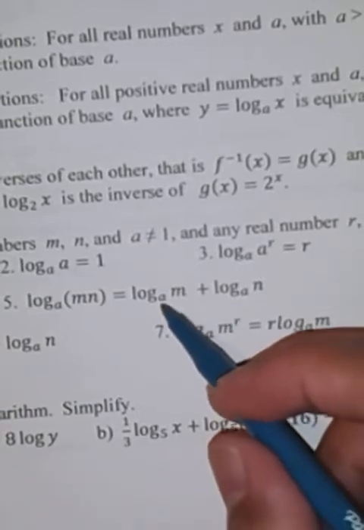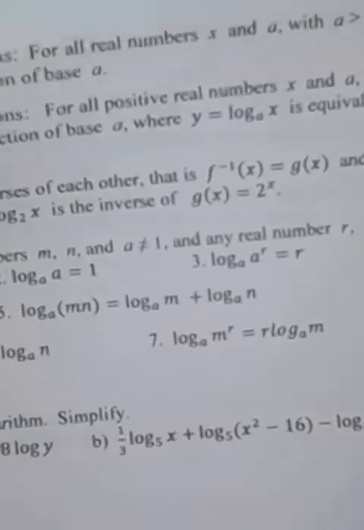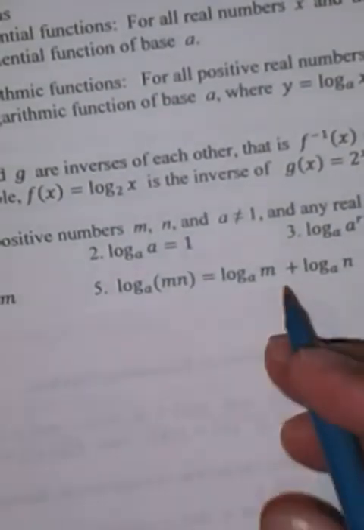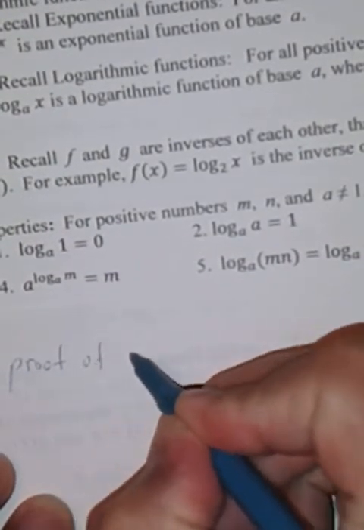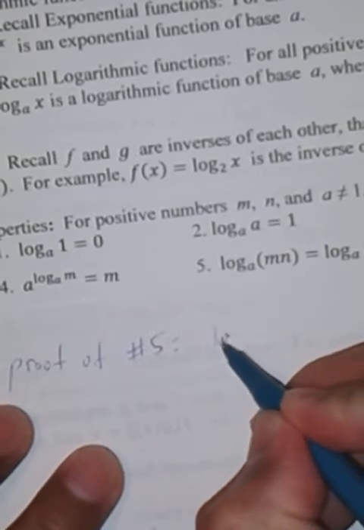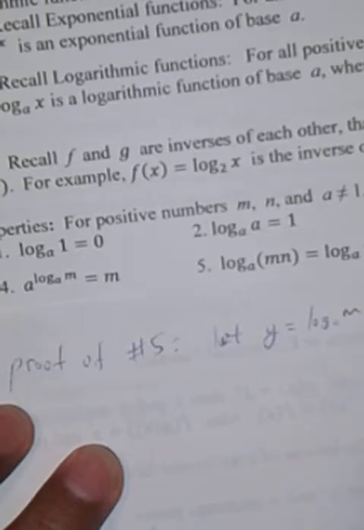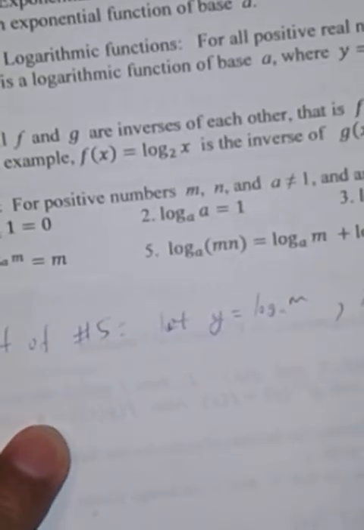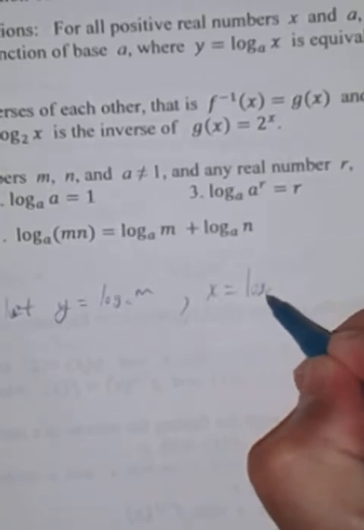Let's get a scratch paper here. So this is a proof of number 5. We would say let y equals log base a of m and x equals log base a of n.